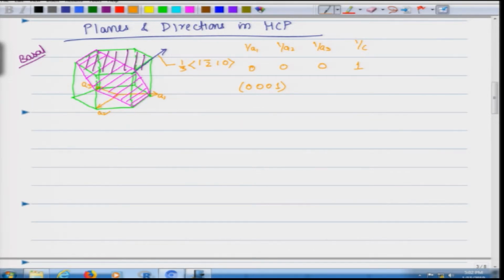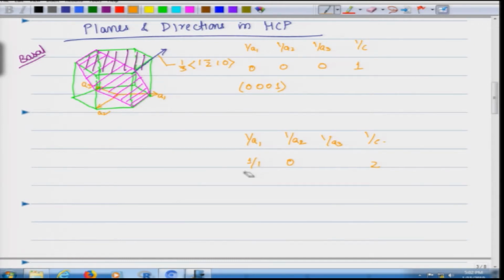Here again we are interested in where it is intersecting on A1, A2, A3 and C. Now, C it is intersecting at half, therefore, 1 by C will become 2. A1 it is intersecting at 1, so it becomes 1 by 1. A2 it is intersecting at infinity, so it will become 0.